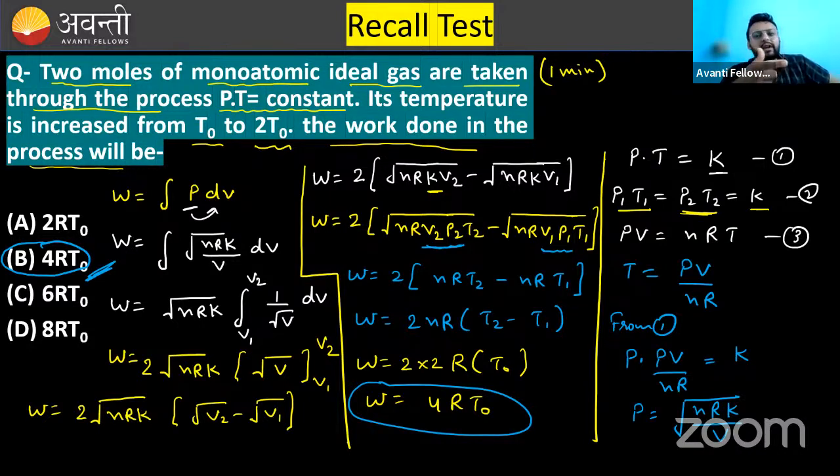If pressure is not constant, then place the value of P in such a way that you can integrate it, because you are going to integrate in terms of volume. So make some modifications so that you can integrate that. After that, put in what's given in the question. That's what the approach should be. Try to solve a lot of such questions and you will be familiar with this. That's why I'm taking a lot of questions from this condition.